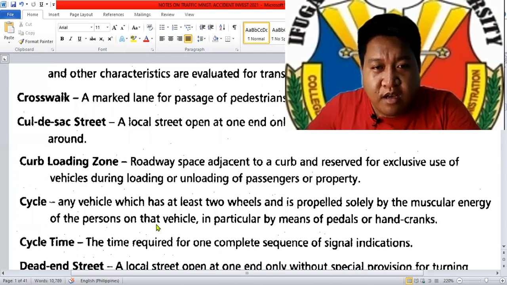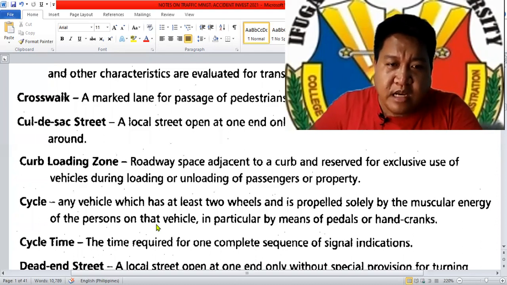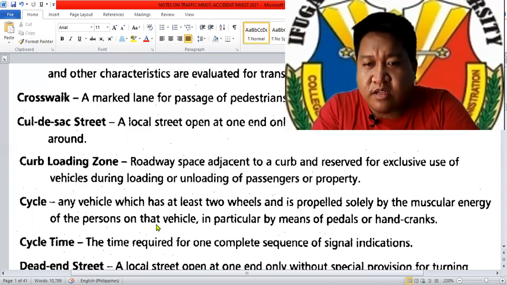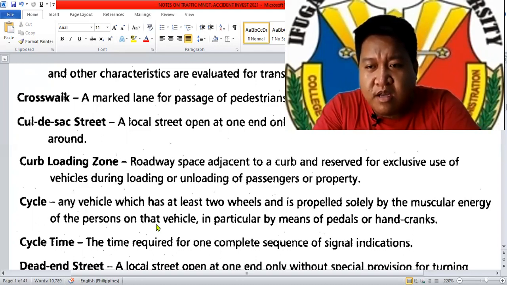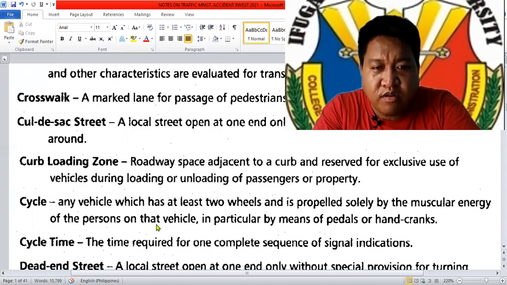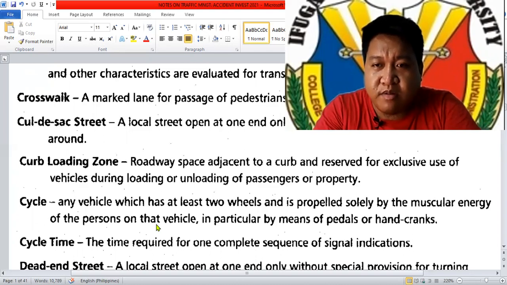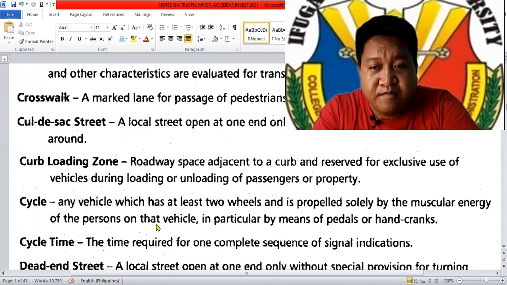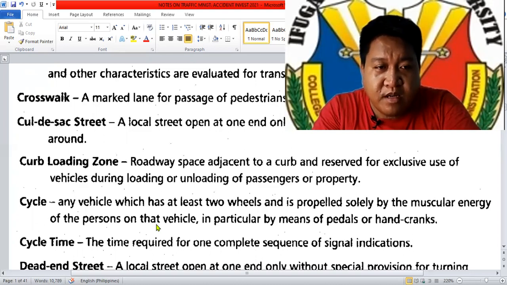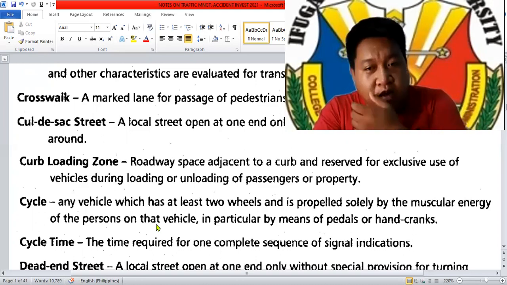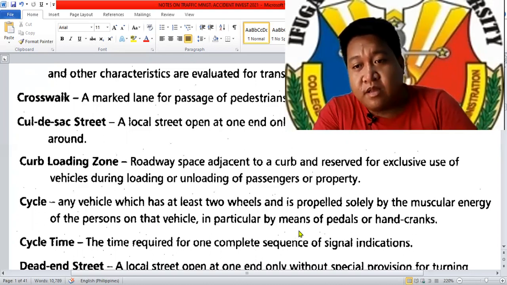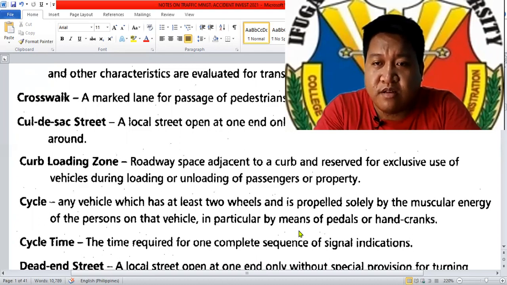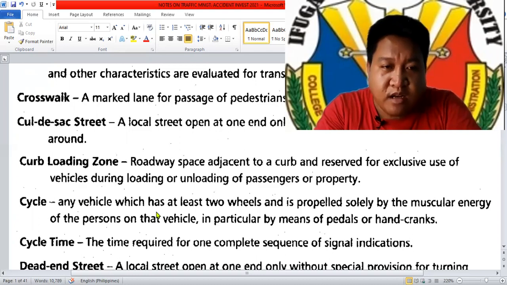So ang sasakyan na may cycle is any vehicle that has at least two wheels and is propelled solely by muscular energy of the person on that vehicle, in particular by means of pedals or hand cranks. So basically, number one best example of a cycle is the bicycle. Commonly it is pedals or hand cranks. Okay, so bicycle, then motorcycle.